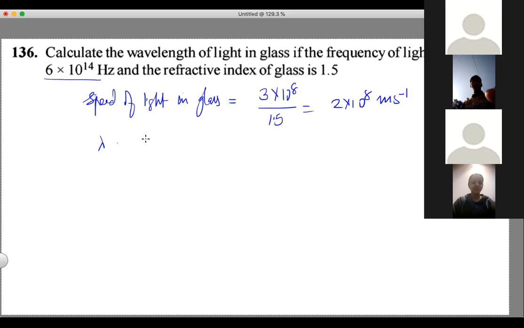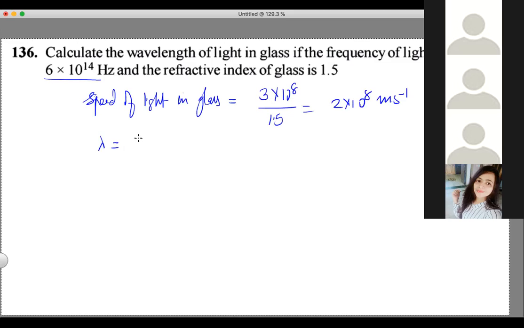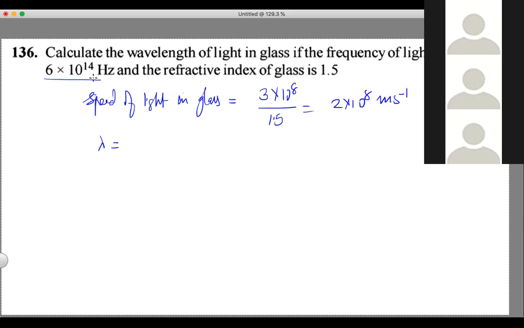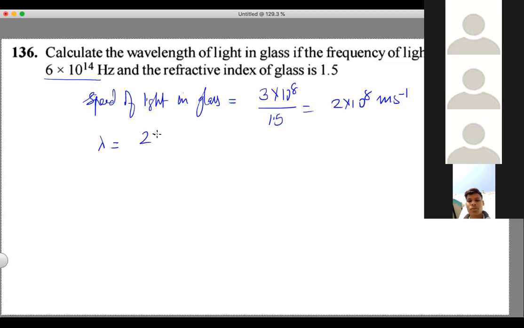And lambda will be speed of light by frequency. So 2 into 10 to the power 8 by 6 into 10 to the power 14, which is 0.333 into 10 raised to the power minus 6.